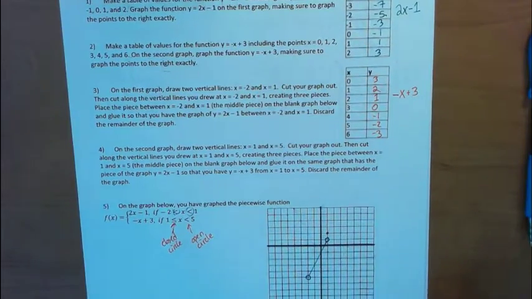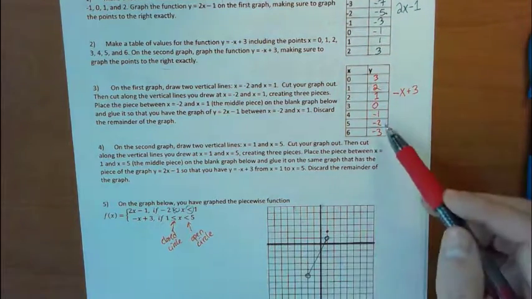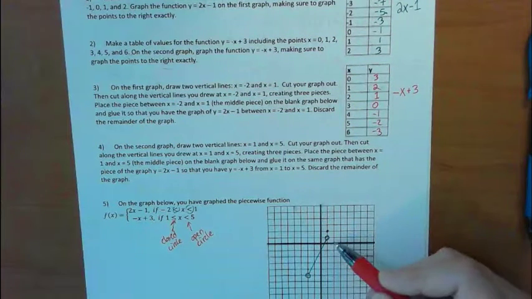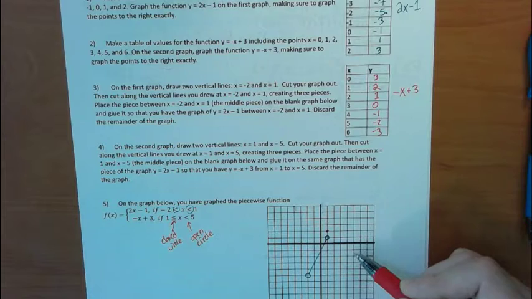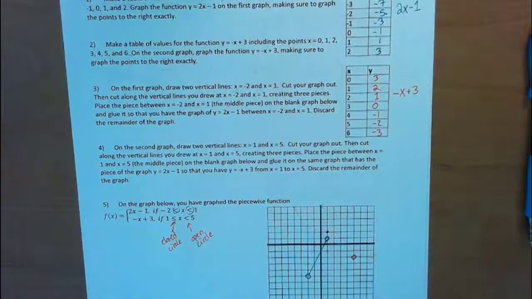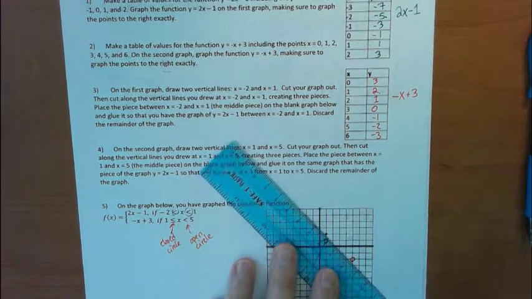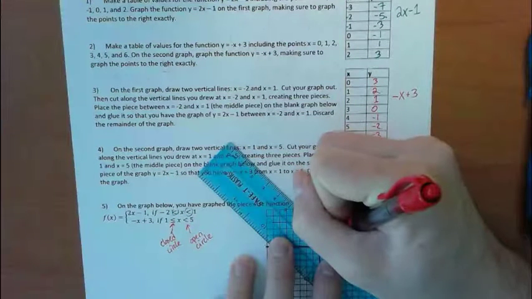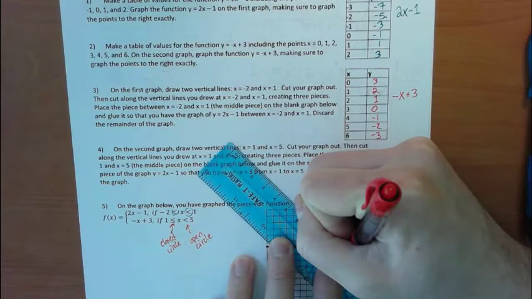And so now our 5 should be at negative 2. So 5, negative 2, 1, 2, 3, 4, 5, 1, 2. And that's going to be an open circle. And we can connect those 2 points to finish our graph. And we have graphed our piecewise function right there.